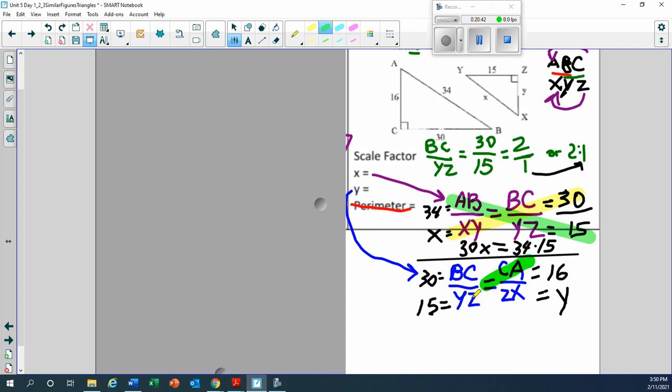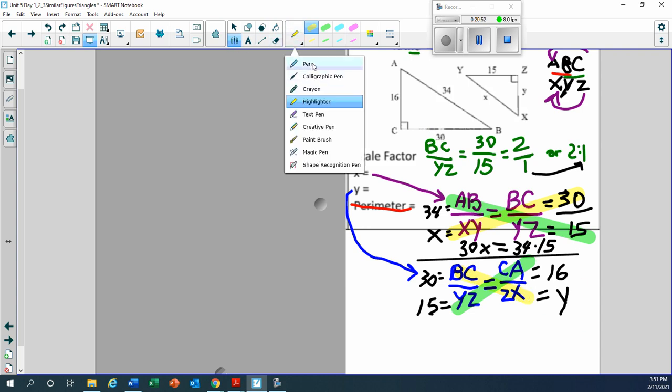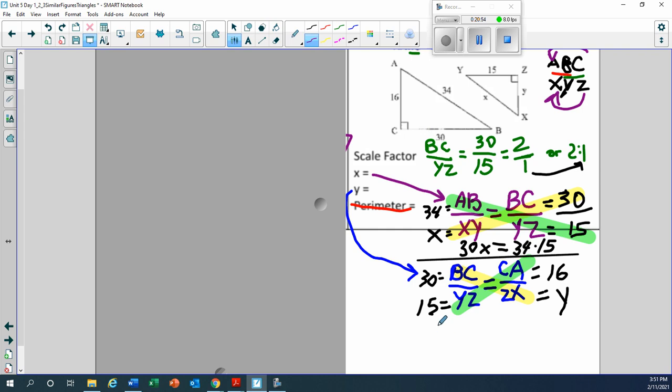So do your CA times YZ, or 16 times 15, equals 30 times Y. And then from there, you're on your way to figuring out what the value of Y will be. So, not going to tell you. You can do it. I believe in you.